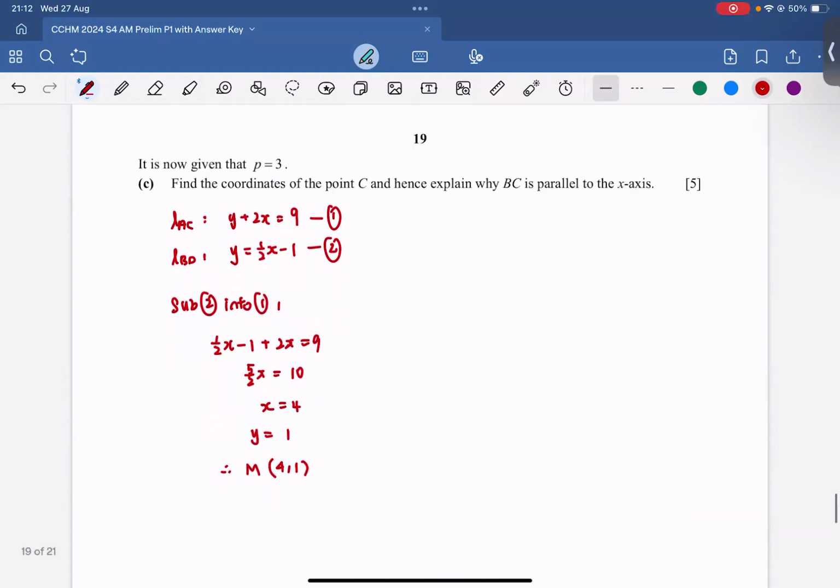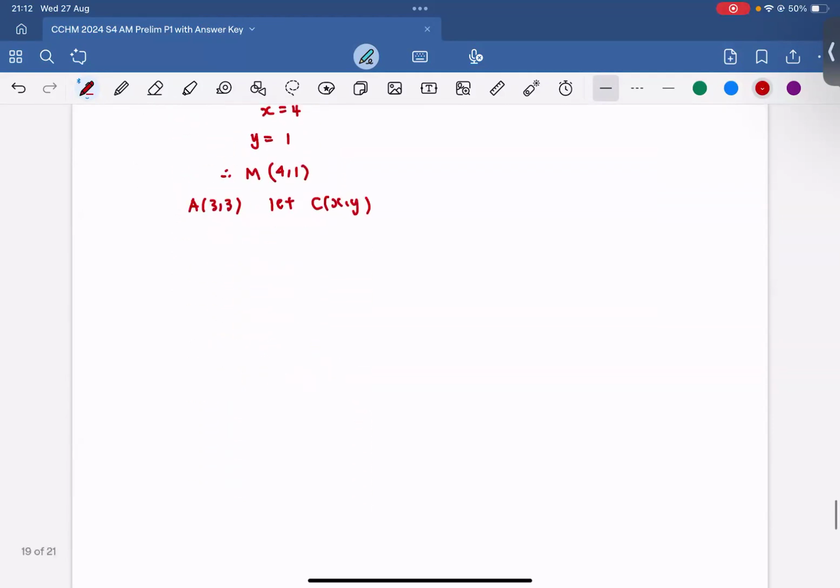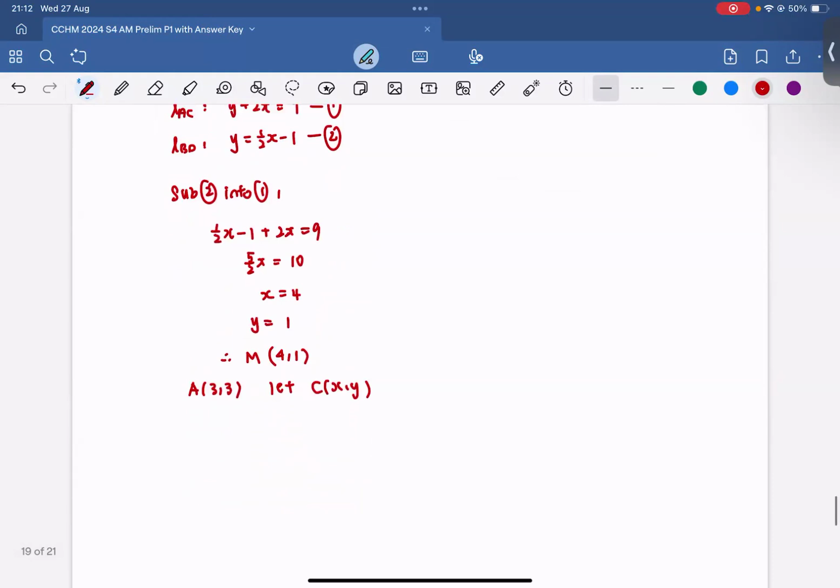Now we know that M is the midpoint of AC. We also know that A has coordinates of 3, 3. Then we let C be (x, y). So we know that (4, 1) is equal to ((x plus 3) over 2, (y plus 3) over 2).